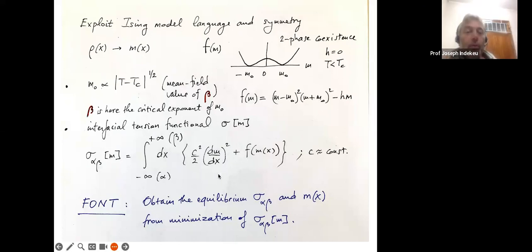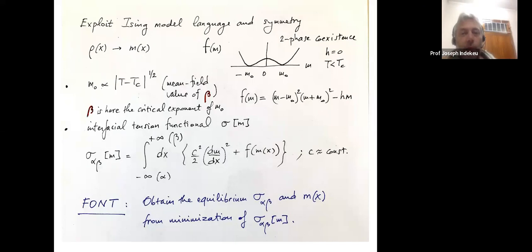Note that those two contributions are both positive. One is due to inhomogeneity in space. The other is due to having the wrong density all over in the system. And so the cost of having the wrong density is here evaluated locally, because as I integrate over x, m of x will vary between minus m0 and plus m0. And so I will be integrating the area under the f of m in some sense.